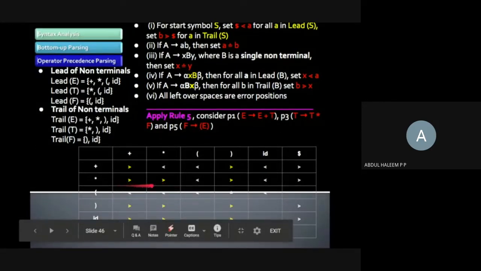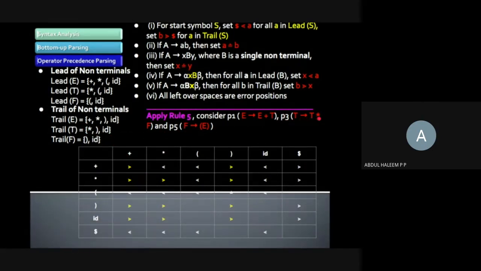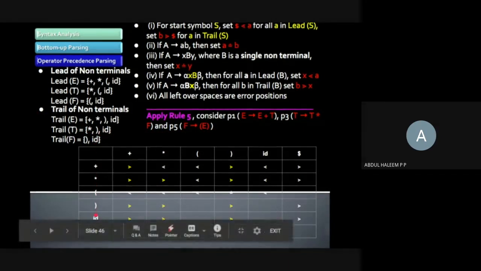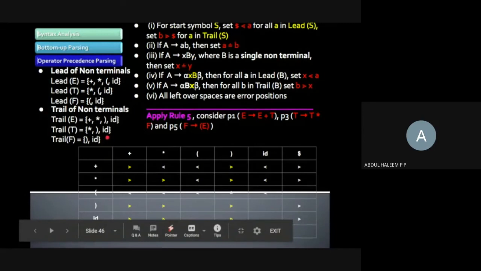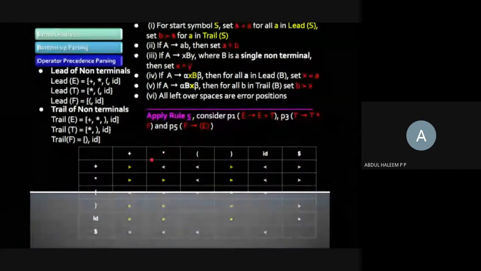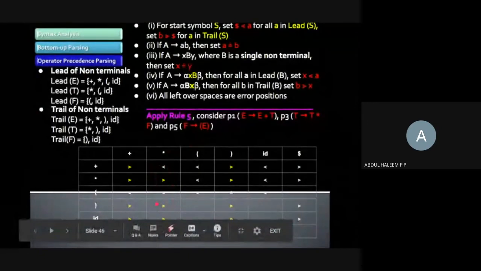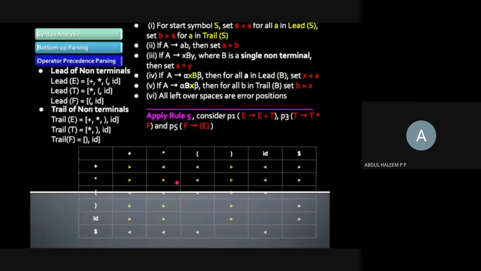Now comes trail of T. See right bracket. Right bracket is greater than star. You can see ID here. ID is greater than star. So as per rule number 5 on P3, these values are filled, which are marked in yellow in this slide.